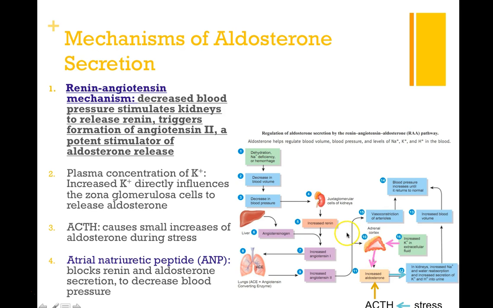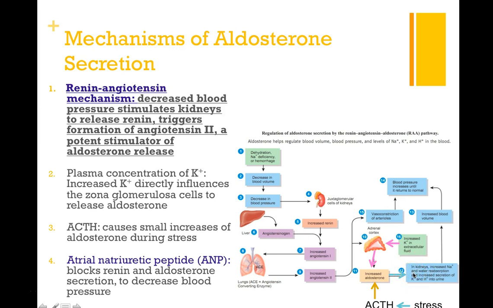And if you want to go back, you can always follow the full renin pathway too. So here's increased renin causing angiotensin I to then turn into angiotensin II, which goes over to our adrenal cortex, releasing aldosterone.